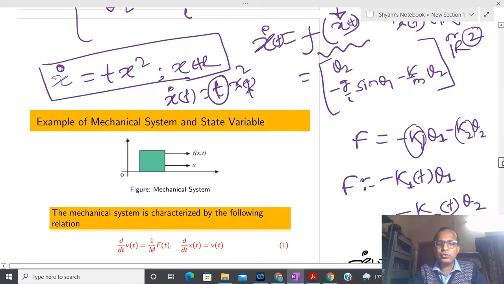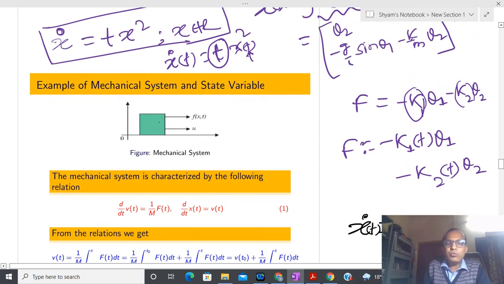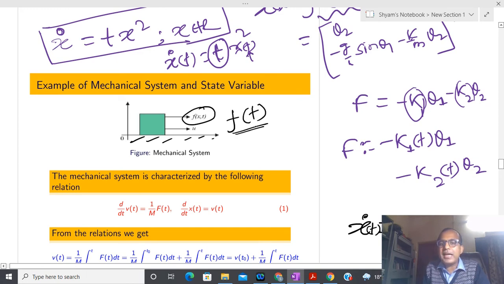Okay, so what I am going to do now, I am going to take one mechanical system. I am assuming there is no friction force here. Here F(t), you can assume that it is just a function of t. Most of the time whenever people write force, they write it as a function of time. Why?